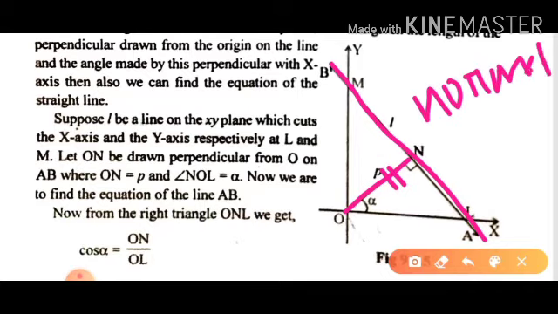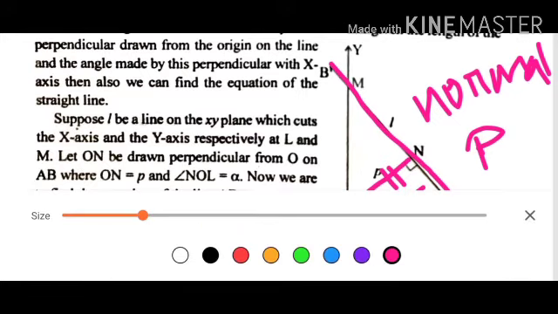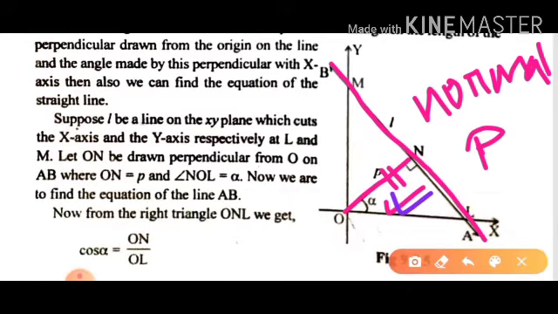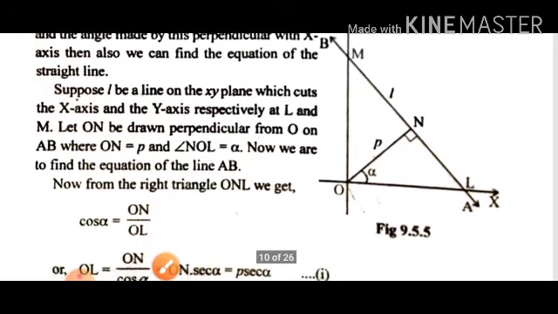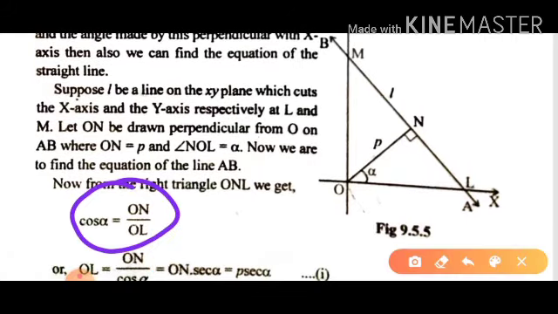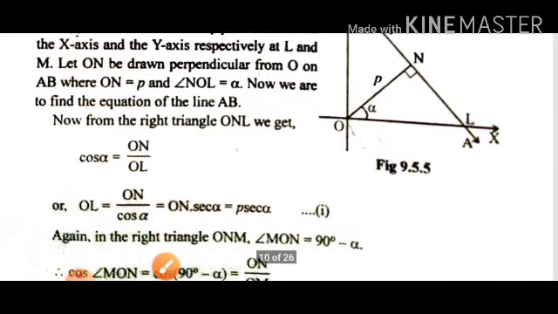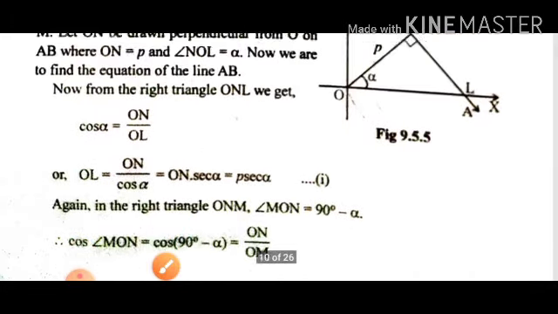It is denoted by this small p, and this alpha is the inclination of this normal. Now on looking at it, from this right angle triangle ONL we can find the value of cos alpha. Yes, same way we can find the value of sin alpha also.